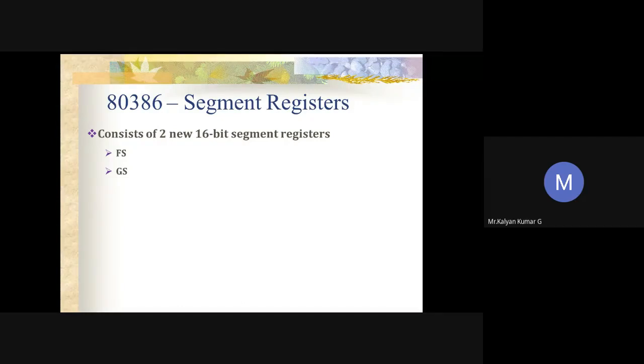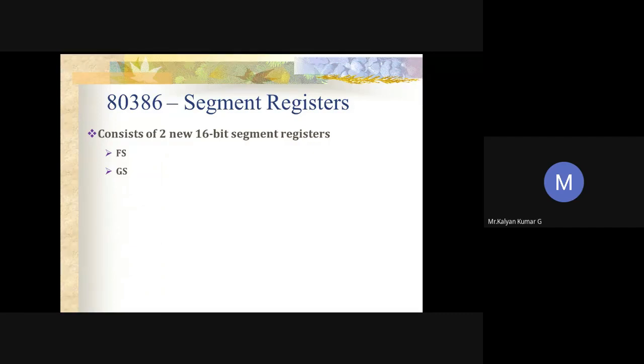So here in this case, besides the above, before the 32-bit registers, the 8086 also has two new 16-bit registers, called FS and GS. So actually, we will have a total of 6 segment registers.